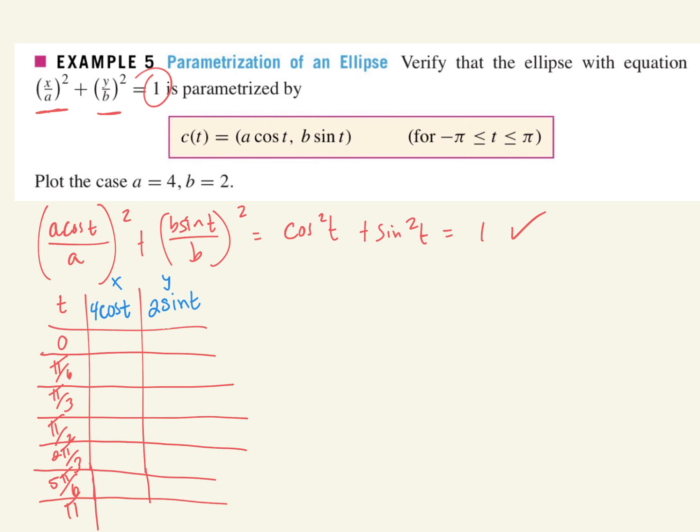If I evaluate each of those at 0, I'm going to end up with 4, 0. At pi over 6, as I'm going around the unit circle and multiplying by 4 and by 2, I'll have a 2 root 3 and a 1. Then I'll have the opposite of that essentially: a 2 and a root 3. At pi over 2, now I would have a 0.